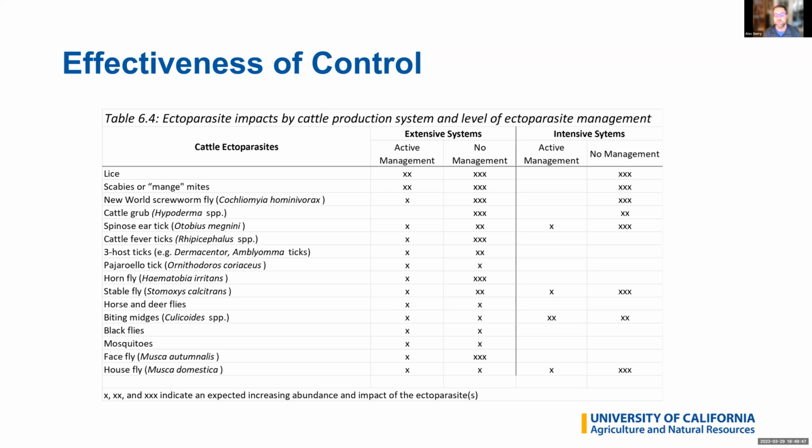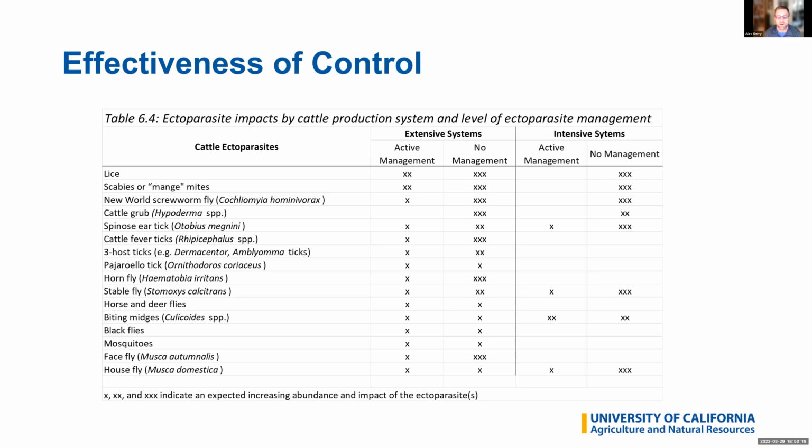So for some of these pests, targeted control measures can have dramatic impacts and result in great cost savings and much better health for the animals as well. Hopefully what you can see is that for most of the pests that have high impacts, more than 1 X on the no management side, if you apply one of these management techniques that we've talked about, you can reduce the impact of the parasite and therefore improve animal health and welfare.